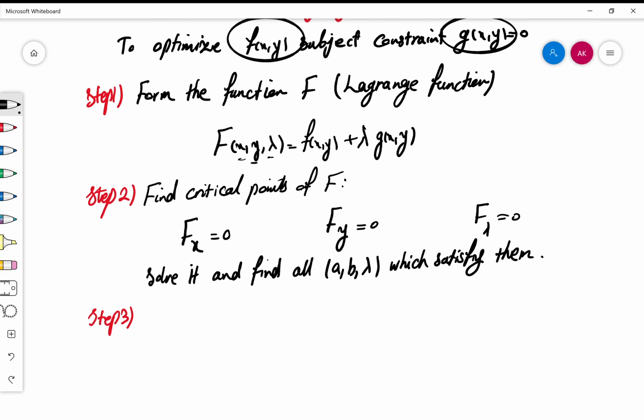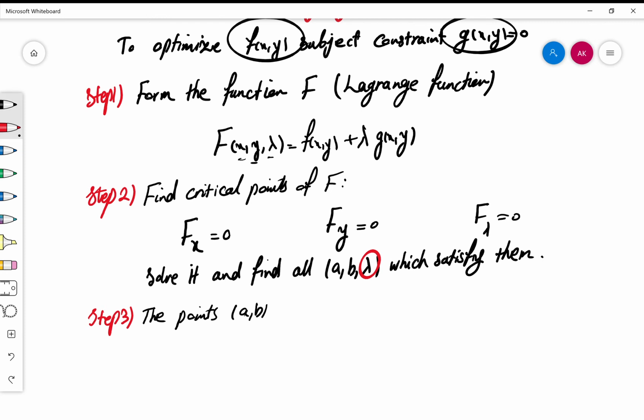Step 3: take the points of the form (a, b), just ignoring the third variable in what you found before.